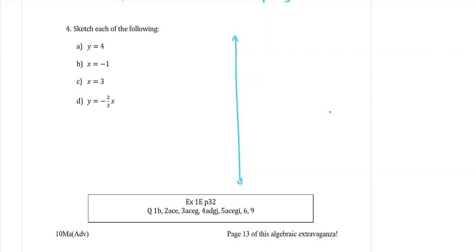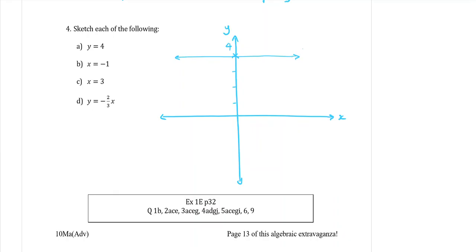So for a y equals equation, if it says y is equal to 4, that means you want to find on your y-axis where y is equal to 4, which I'll put there, and it just means that y is always equal to 4, and it would be a horizontal line going through that value.